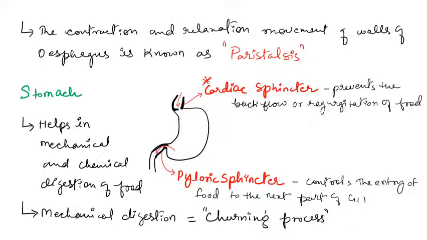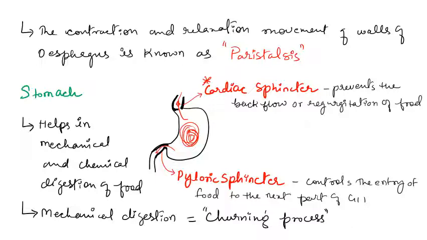It is a valve, just like the valve present between the atria and ventricles in the heart in the cardiovascular system. The cardiac sphincter prevents the backflow or regurgitation of food from the stomach to the esophagus.